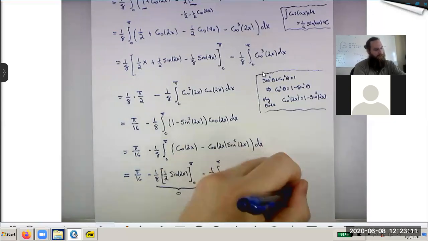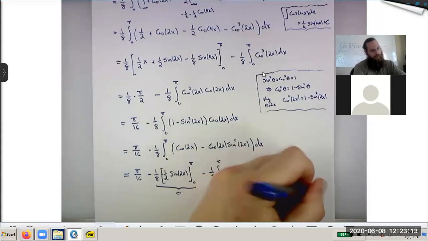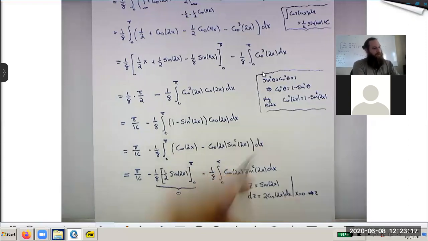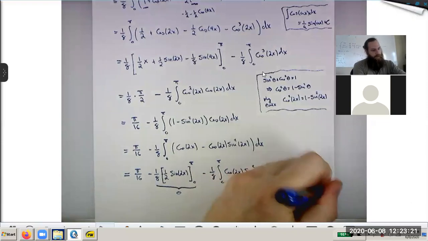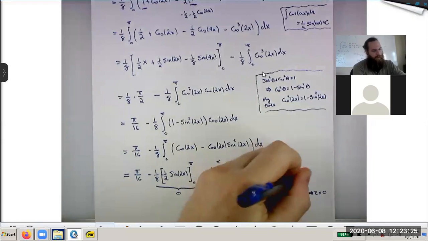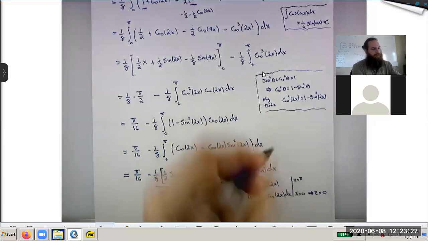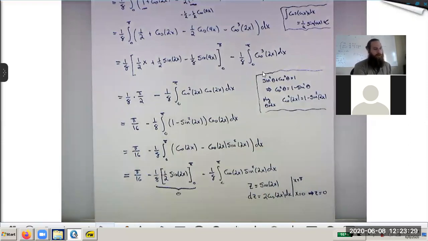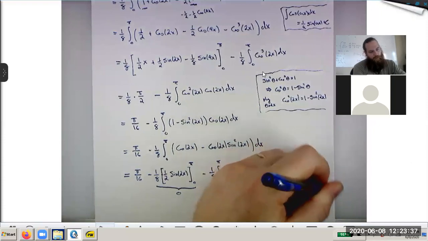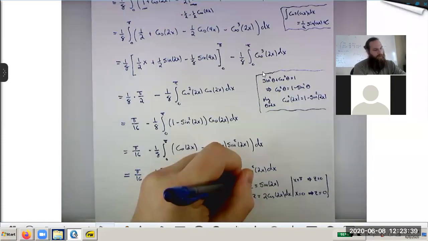When x is equal to 0, z is the sine of 2 times 0, which is also 0. And when x is equal to pi, z is equal to the sine of 2 pi, which is also 0. Fascinating. I wasn't expecting that.